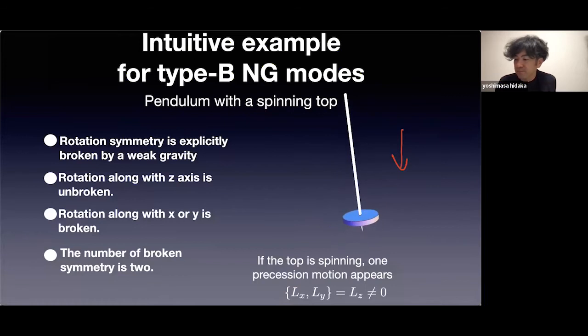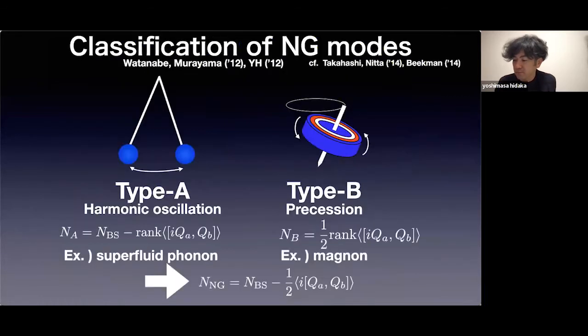Okay. So now we have the 2 types of mode. The type B mode is classified as this one, and type A is classified as the other mode. An example of type A is a superfluid phonon, and an example of type B is a magnon.